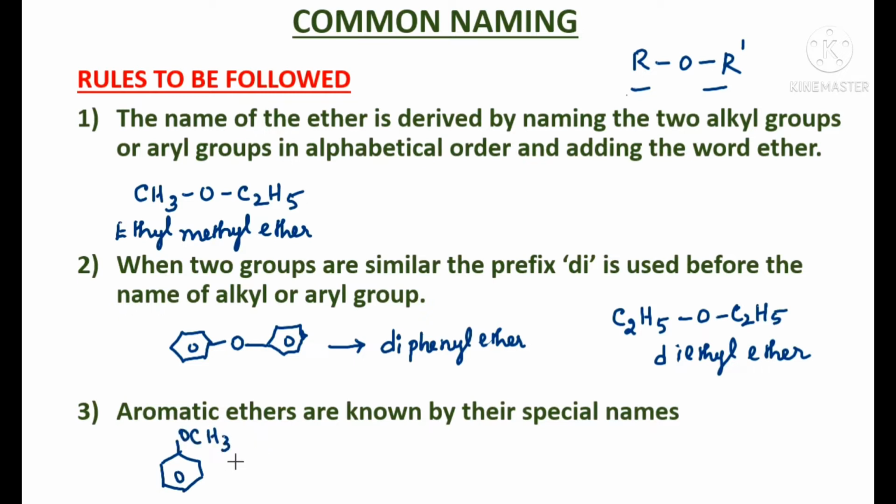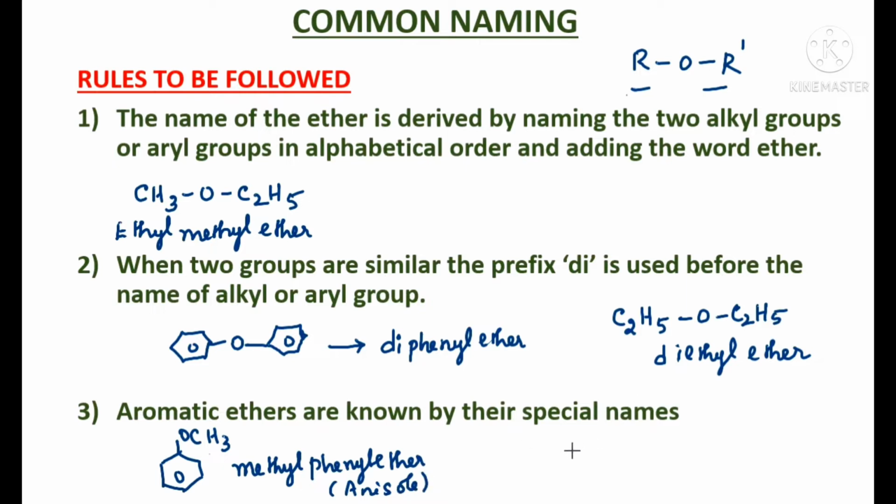Normally we can name this: this is methyl and this is phenyl. So M comes first, methyl phenyl ether. This is the normal common name, but commercially we get it by a special name, that is anisole.